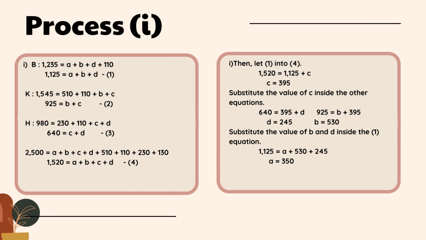1,235 equals to A plus B plus D and plus 110, which is 1,125, which is identified as number 1. For the next one is K for K-pop. 1,545 equals to 510 plus 110 plus B and plus C. It is 925, which is equal to B plus C, which identified as number 2.